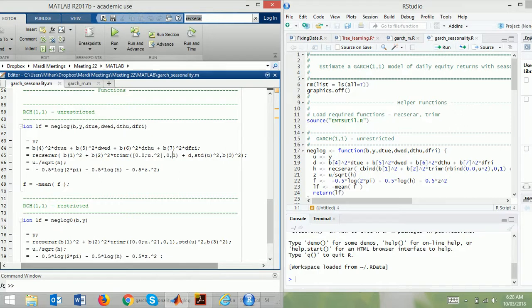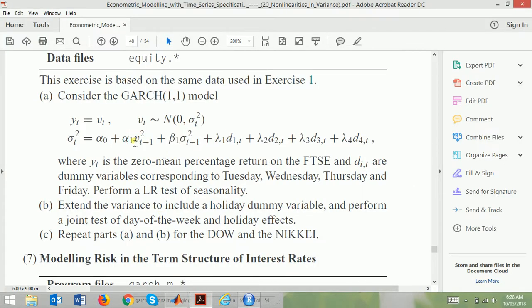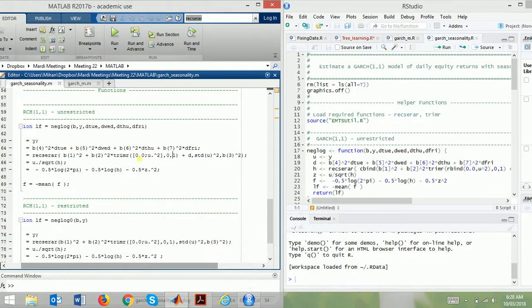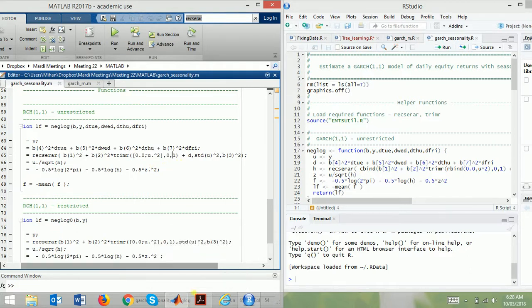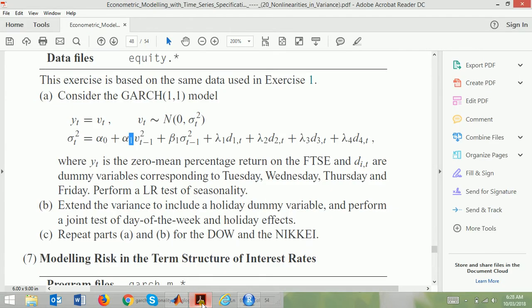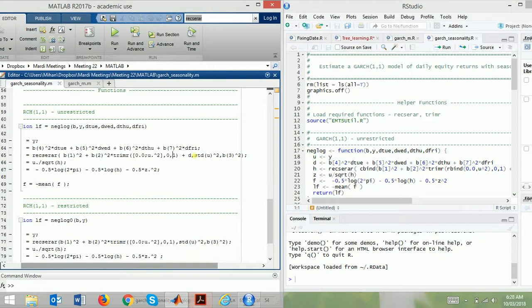So beta 2 is again being squared and trimmed, and in beta 3, 0 and u squared, which represents our u squared, and then comes d. Okay, this is our x.